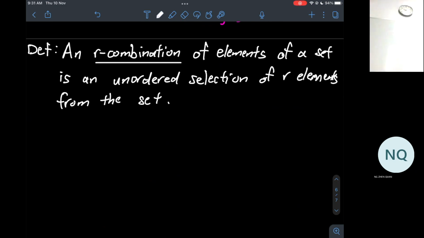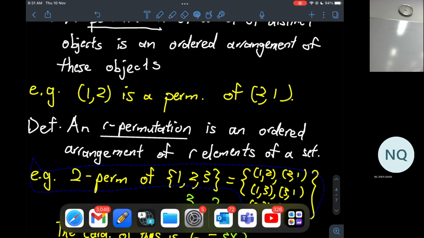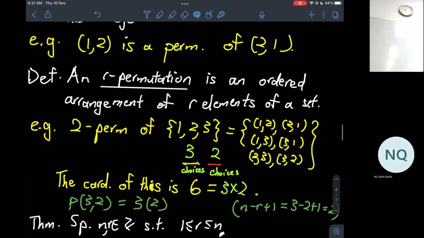So for example, let's use a similar example here.